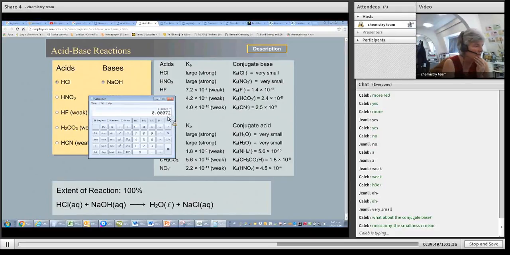Okay, and I'll just do that. Do you see that value is pretty much 1 times 10 to the minus 14?